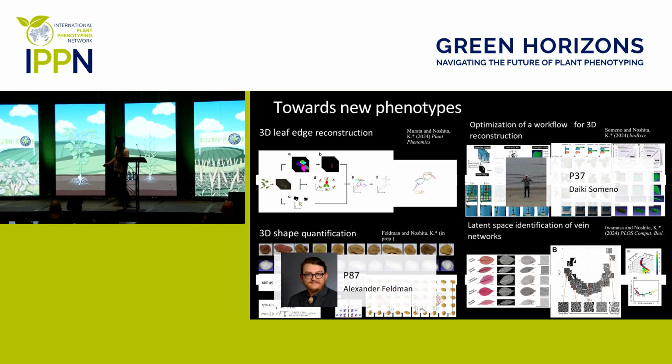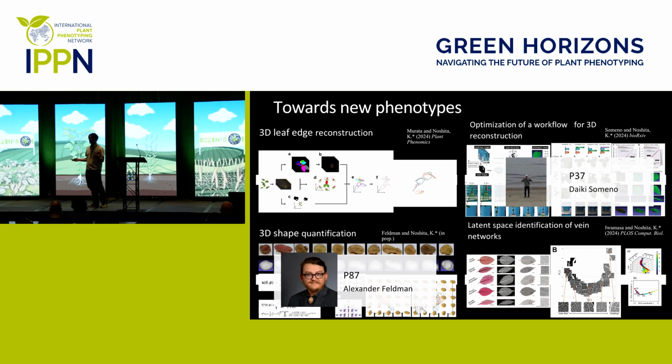And if I had time, I'd like to advertise our other work. We developed several types of methods to quantify very diverse morphological properties. Today I talked about the leaf venation pattern, but we also try to develop a method to reconstruct the 3D leaf edges and the 3D surface structure of the potato.